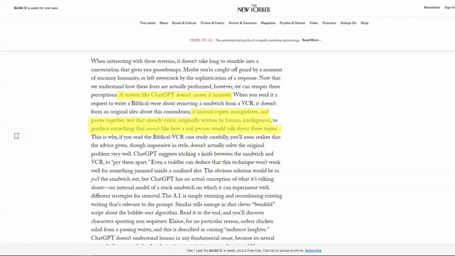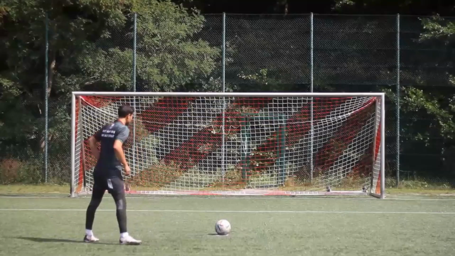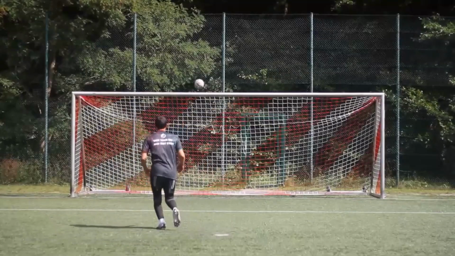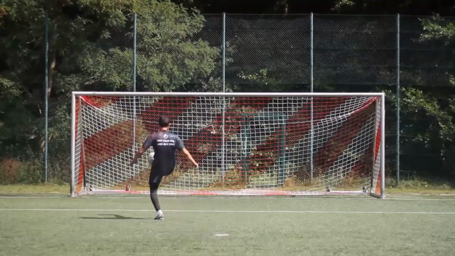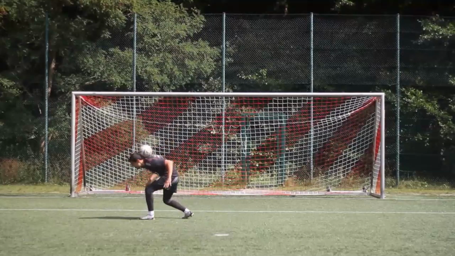The point that I'm making is that now that ChatGPT and other programs have passed the Turing test, those goalposts that were initially there have now been moved.